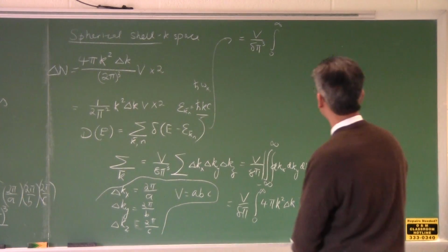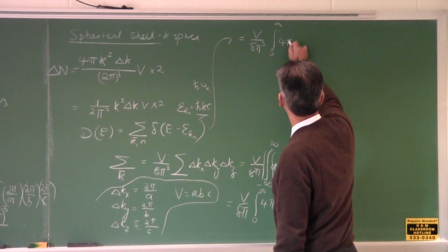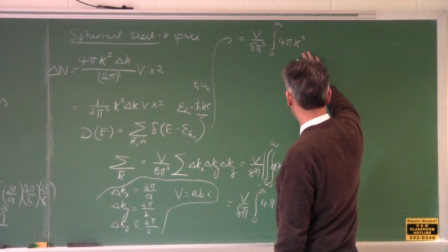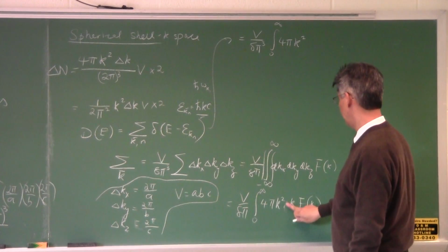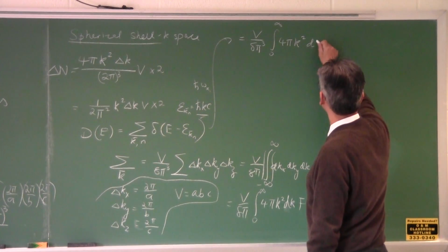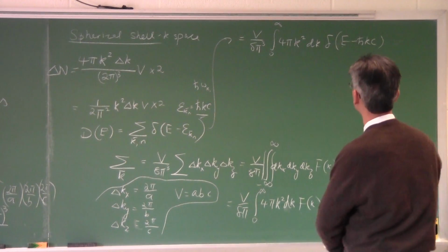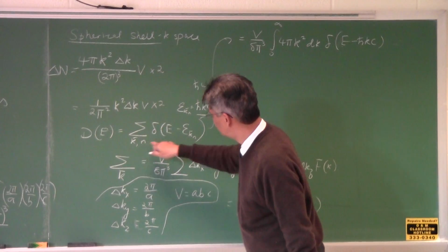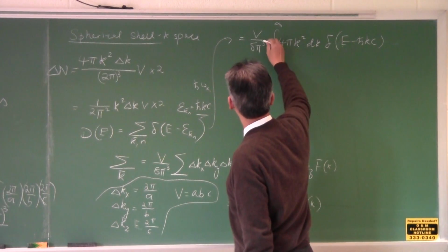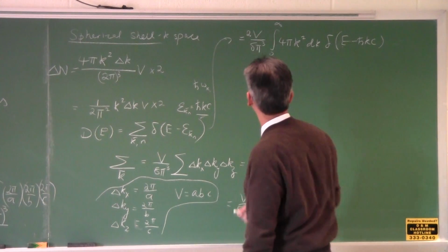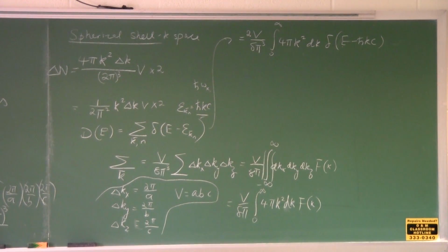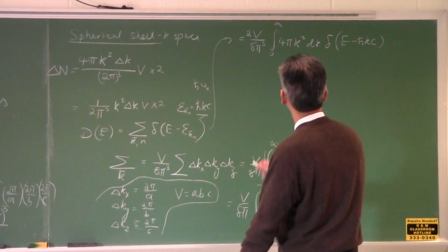And hence this is the same as integrating this thing, 4 pi k squared dk, delta E minus h bar kc. And then I have to multiply by 2 because there are two polarizations for every mode. So if I were to count that and convert that into integral, that is the integral I have to perform.